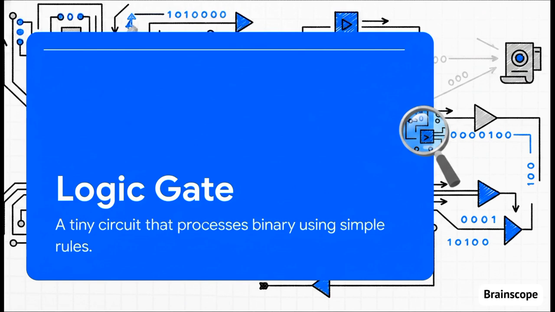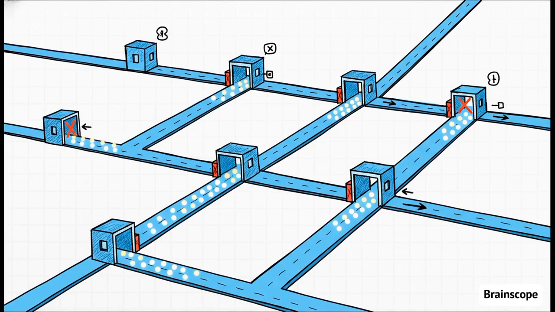A logic gate is just a tiny circuit that processes binary using incredibly simple rules. You can think of these gates as physical toll booths strictly directing electrical traffic. They follow basic logic. An AND gate only outputs a 1 if both of its inputs are 1s. An OR gate outputs a 1 if at least one input is a 1, and a NOT gate just flips a 0 to a 1.